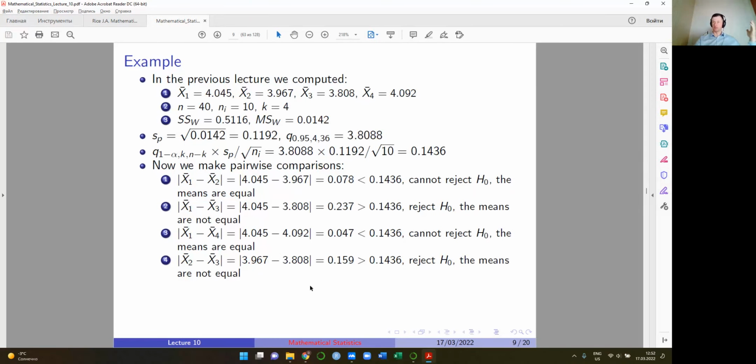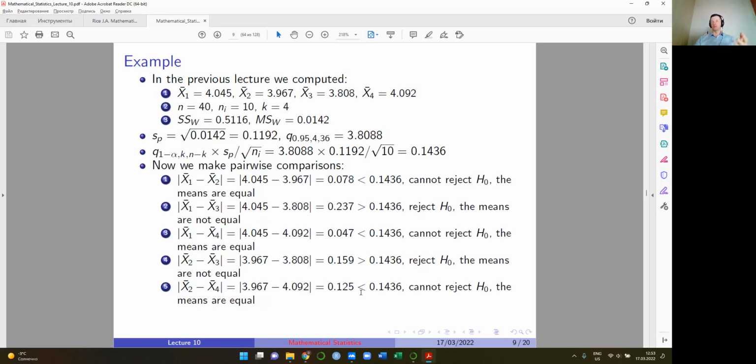That's why we posed that trouble in the beginning with this pairwise comparison. While comparing x2 and x4, we see that this difference does not exceed the critical value, so we cannot reject H null. The means are equal, so 2 is not better than 4.